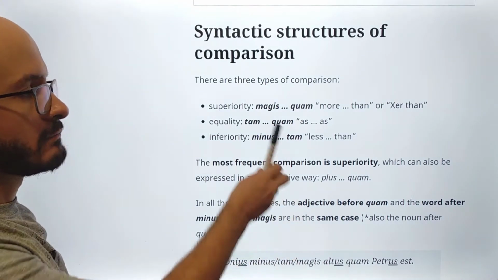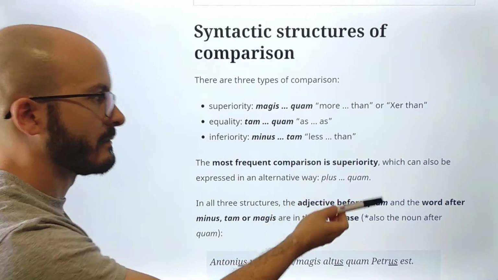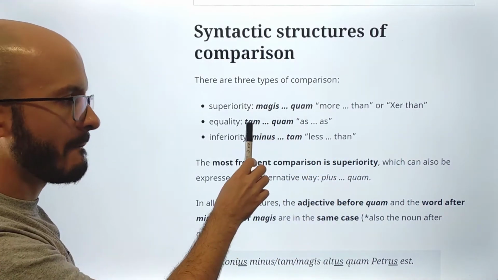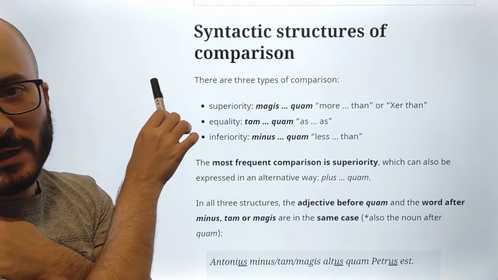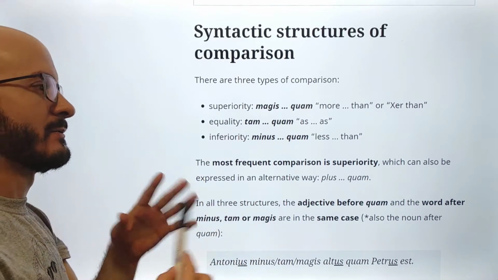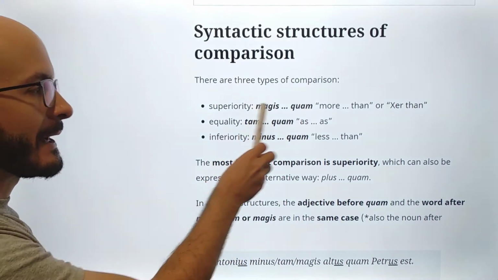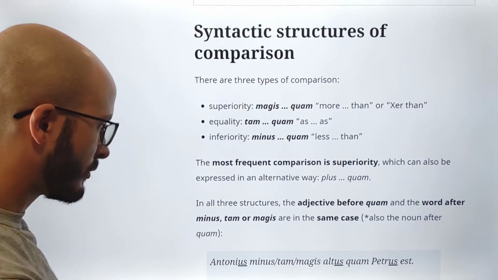Okay, so how do you do this? Like more than, as, less than. Magis quam, tam quam, and minus quam. There was a typo which was too important to keep there, so I have to do some magic there. But okay, so magis quam, tam quam, minus quam. Quite easy, quite straightforward.